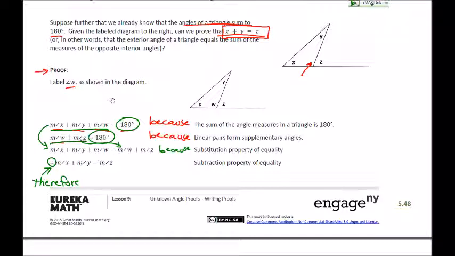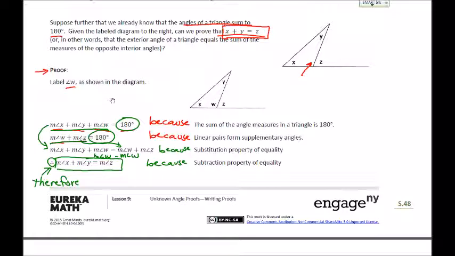And next we're going to say, well, we notice that angle W is on both sides. So I can subtract whatever number that is from both sides, and I'm left with what I wanted to prove, which is the measure of angle X plus the measure of angle Y must be equal to the measure of angle Z. And the reason is because of the subtraction property of equality. I can subtract equal things from both sides and they will stay equal.